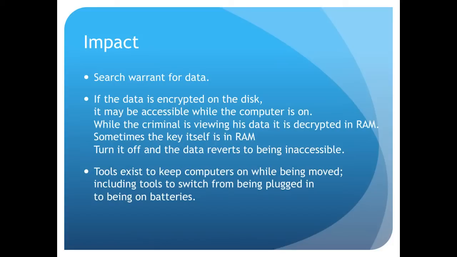The information is in RAM while it's being processed by the computer. It's actually decrypted at that point. So if somehow you can grab it while the computer is on and the information is in RAM, then you still have access to it, even though it's encrypted on the disk. Shut the computer off, boom, it's gone. Yeah, it's now totally encrypted, you can't get it.